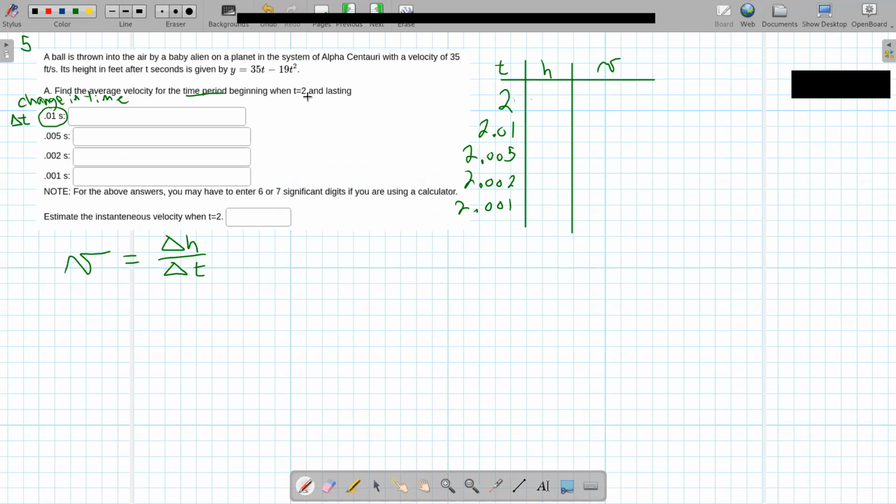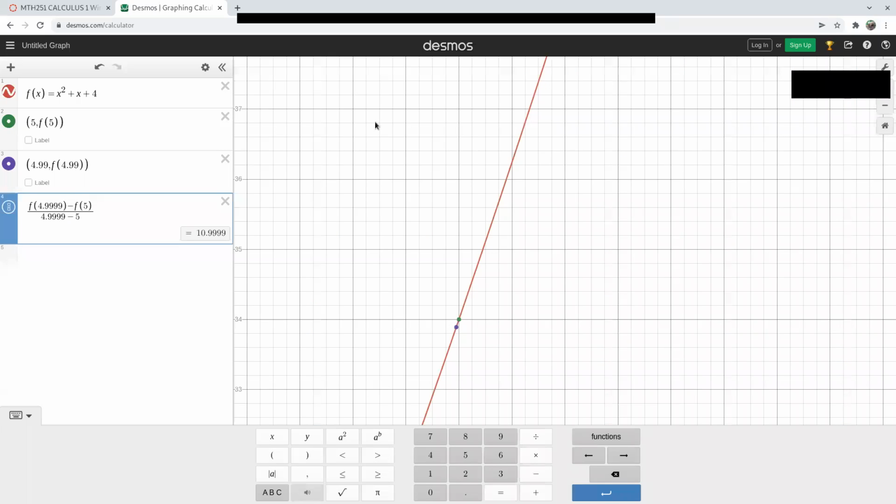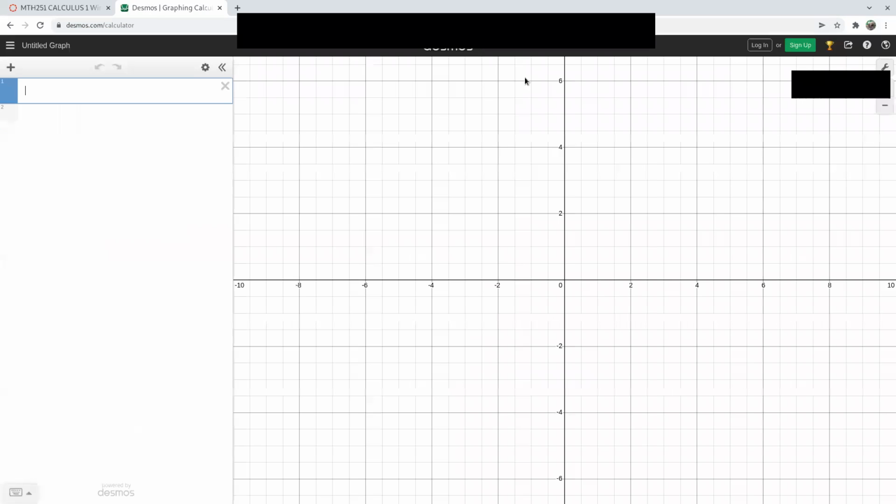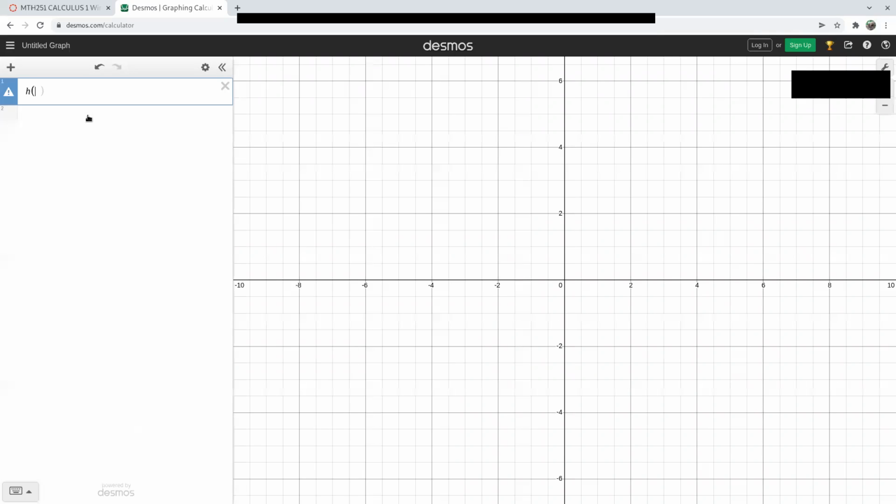So again, quick way to do that is just use function notation on a calculator. So we have 35t minus 19t squared. Your numbers may be a little bit different. And let's just redo this. All right, so I'm going to call this h of x.